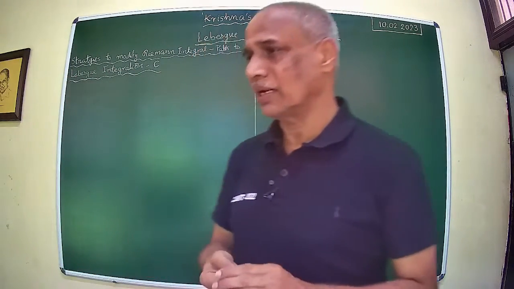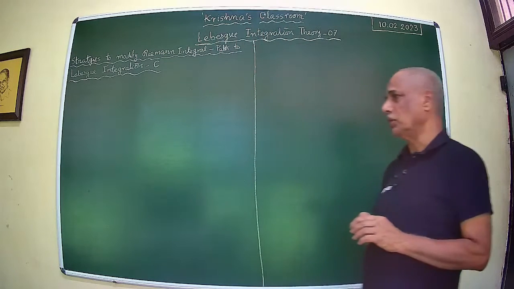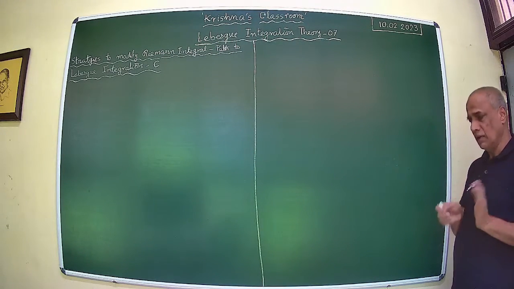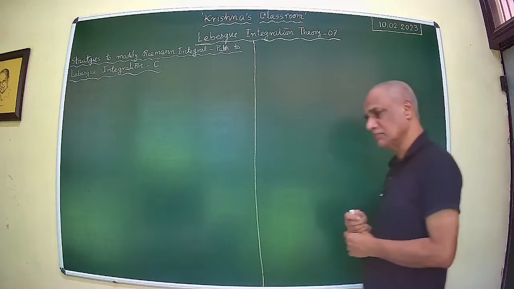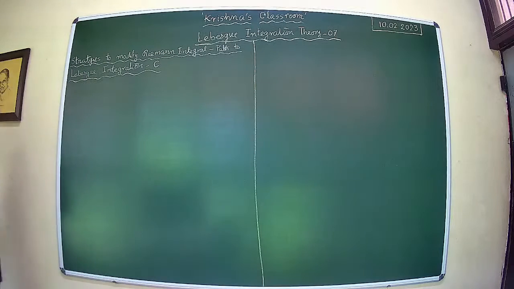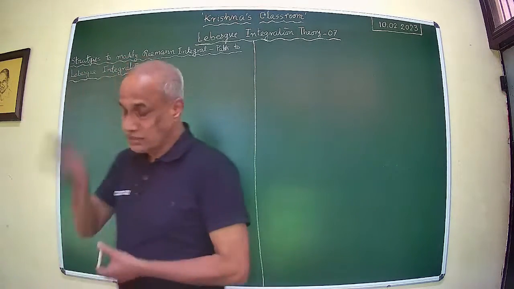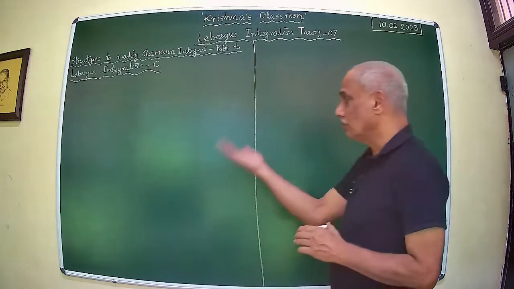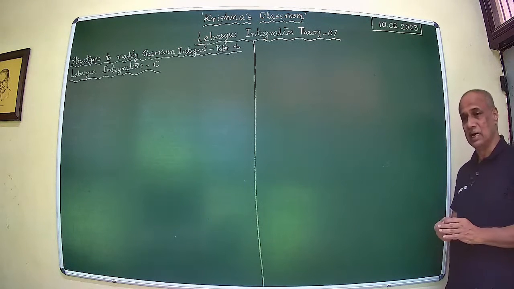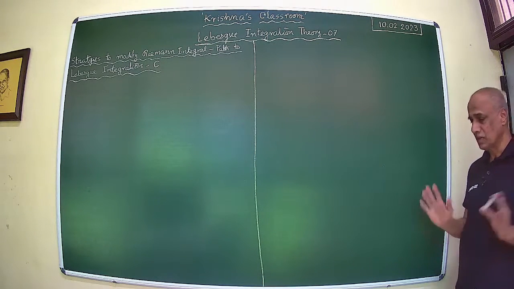The domain is partitioned through what are called disjoint intervals, and then on that we define step functions. We try to approximate the function from below as well as from above using these step functions.